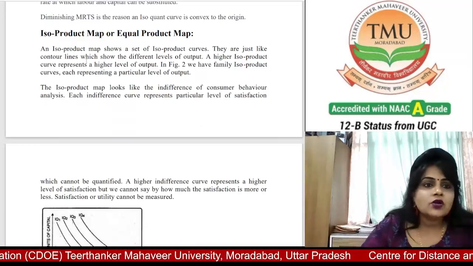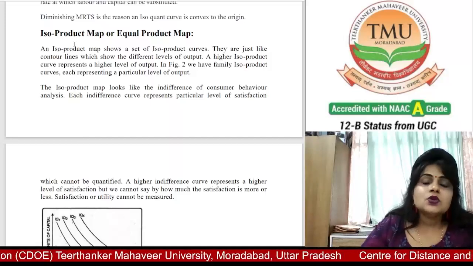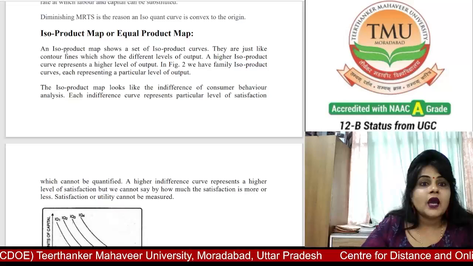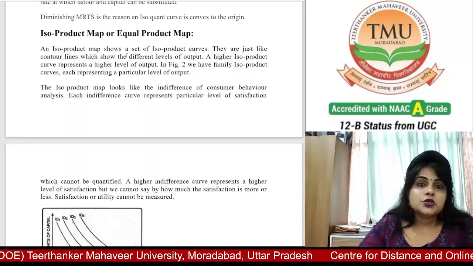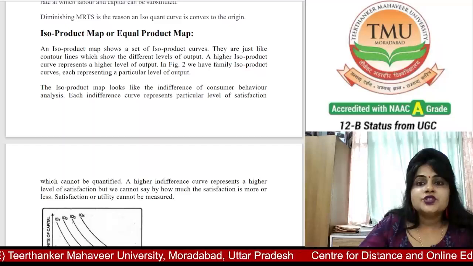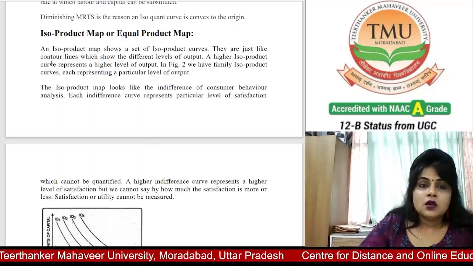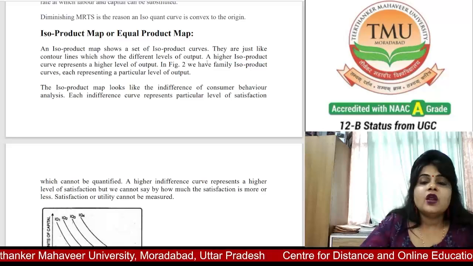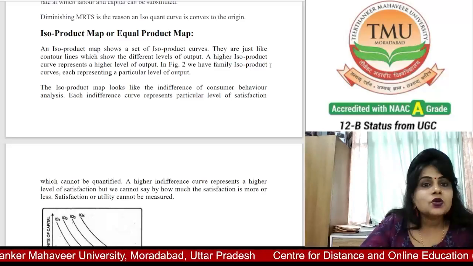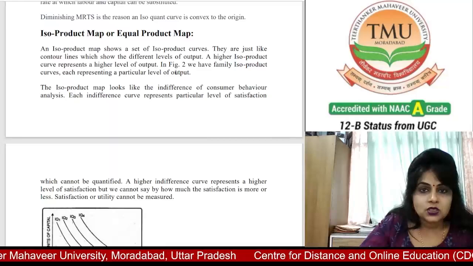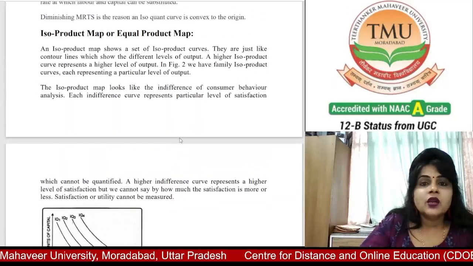Now we discuss the isoproduct map or equal product map. An isoproduct map shows a set of isoproduct curves. They are just like contour lines which show the different levels of output. A higher isoproduct curve represents a higher level of output, which is shown in figure 2.